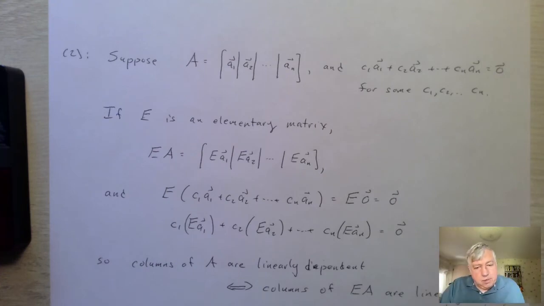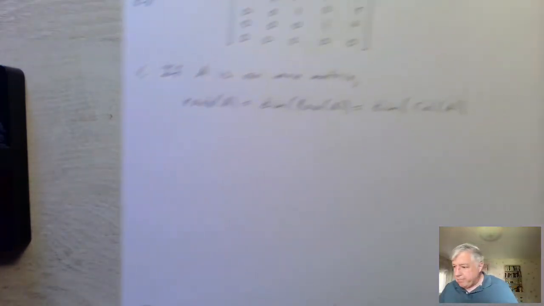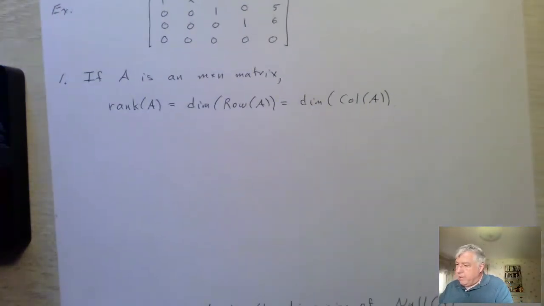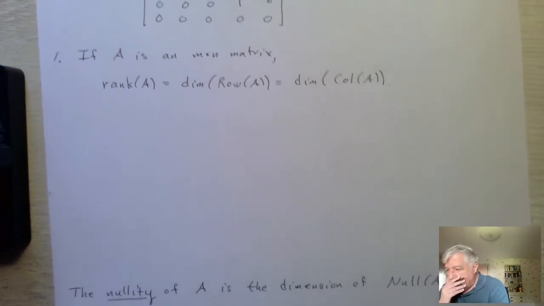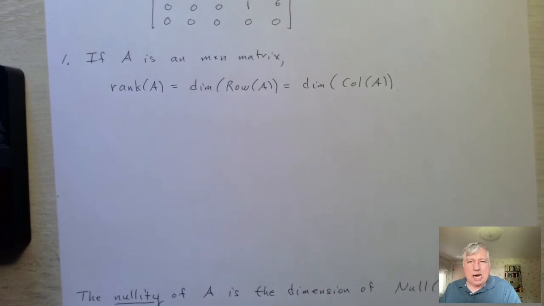All right. Now, a little more theory here. The row space and the column space are going to be different, but their dimensions are going to be the same. And in fact, they're going to be the same as the rank of a matrix.